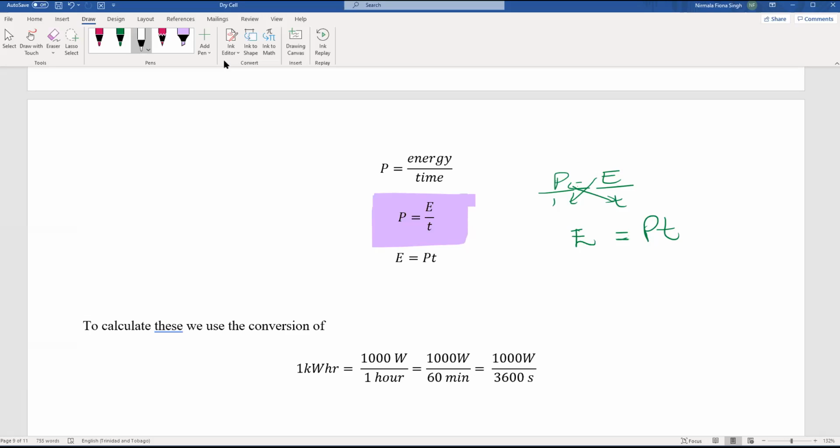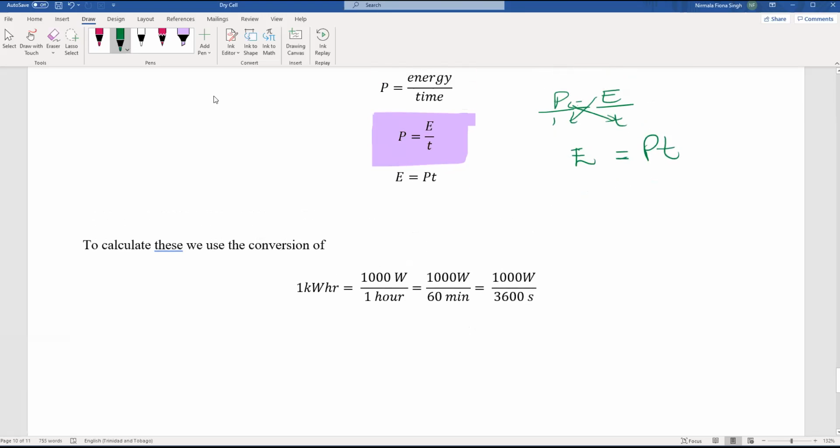So we can work out how much energy we use per month by looking at a conversion. All right, we're going to do this conversion tomorrow because we're nearly finished and we just did a lot. So to calculate these, we use the conversion of 1 kilowatt hour. And 1 kilowatt hour is 1,000 watts, because 1 kilowatt is 1,000 watts, over 1 hour.